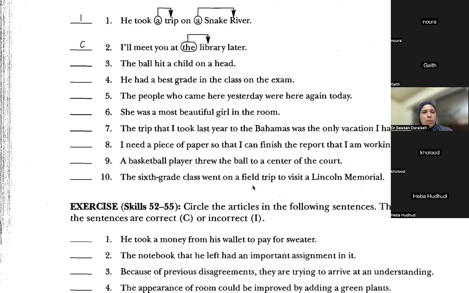Yes, doctor. A basketball player threw the ball to a center of the court. It's incorrect. The basketball player threw the ball to the center of the court. A basketball player threw the ball to a center of the court. Yeah, I think it should be the basketball player.